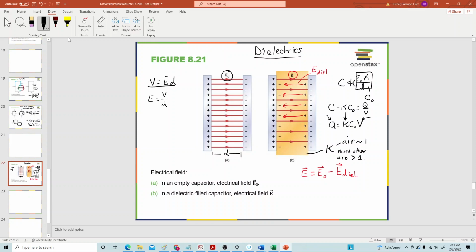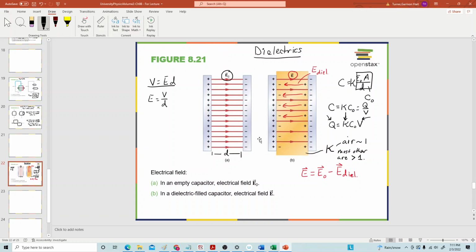Next, what we want to talk about is the energy that is stored in the electric fields within capacitors. So, anytime you have electric fields, you have energy.